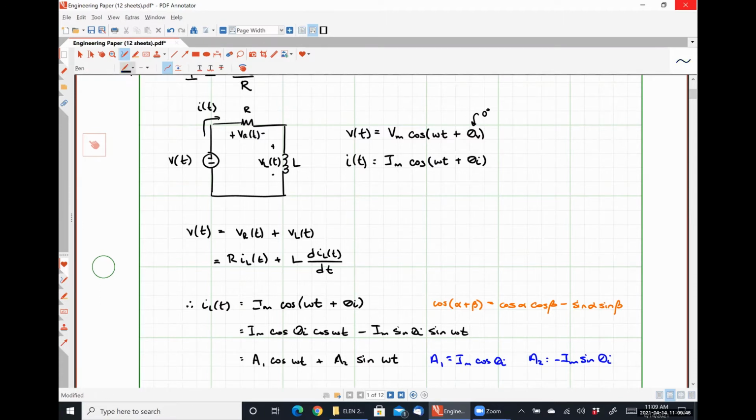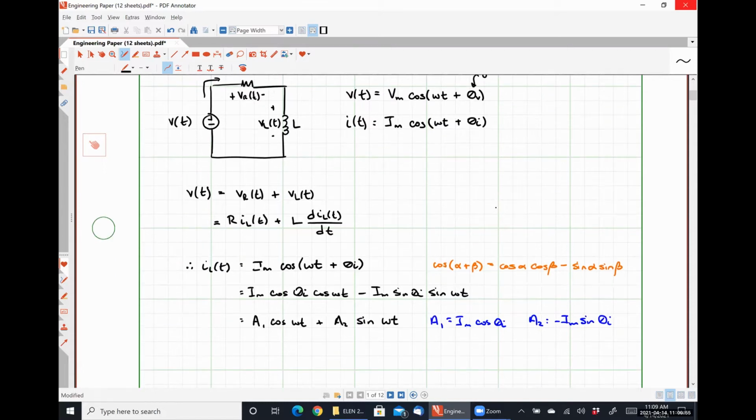All right. So if I substitute this representation of my guess value into my first order differential equation that I have here, what I will get is that Vm cosine omega t, again, we're choosing here to set theta v equal to 0 purely to make the math easier, will be equal to R times A1 cosine omega t plus A2 sine omega t, plus L d by dt of that same thing, A1 cosine omega t plus A2 sine omega t.